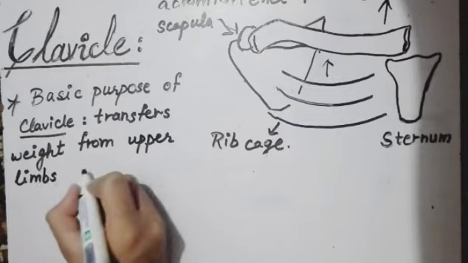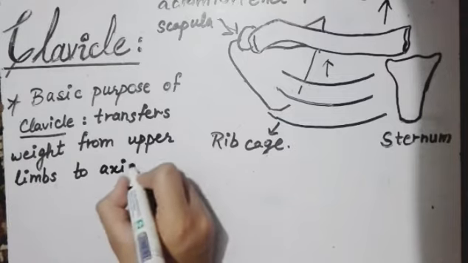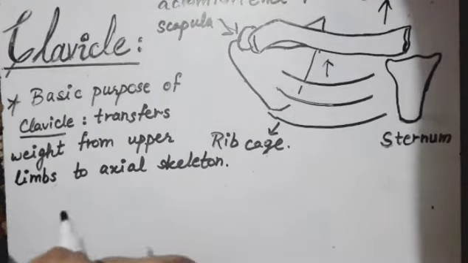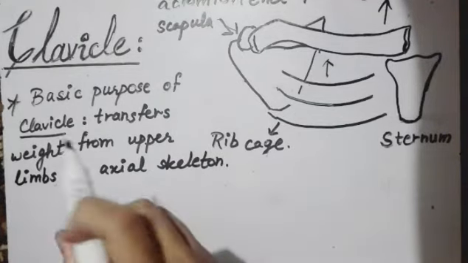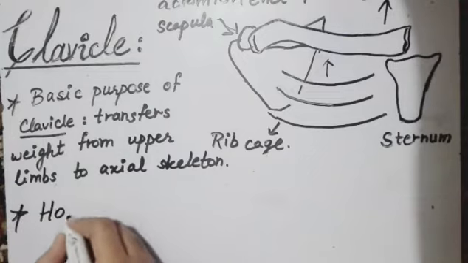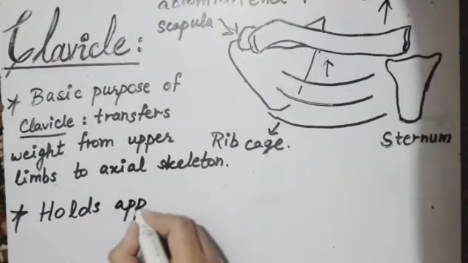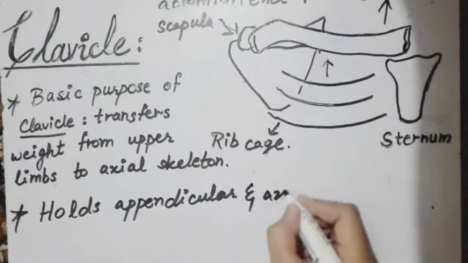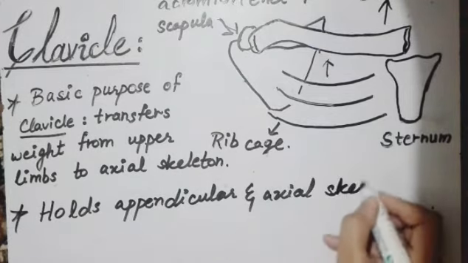The upper limbs start from the acromion end. So the clavicle transfers weight from the upper limb to the axial skeleton. In short, it holds the appendicular and axial skeleton together, connecting the two.